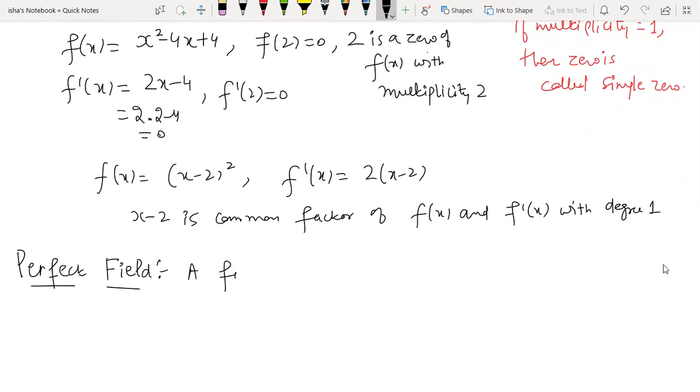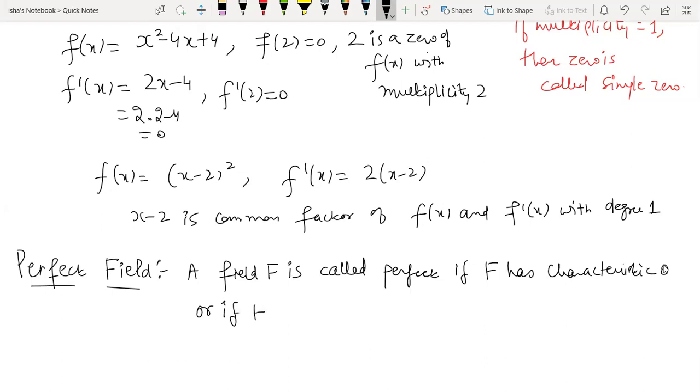A field is called perfect if F has characteristic 0, or if F has characteristic p and F raised to power p is equal to F. Now what is this F raised to power p? It will contain elements a raised to power p where a belongs to F.